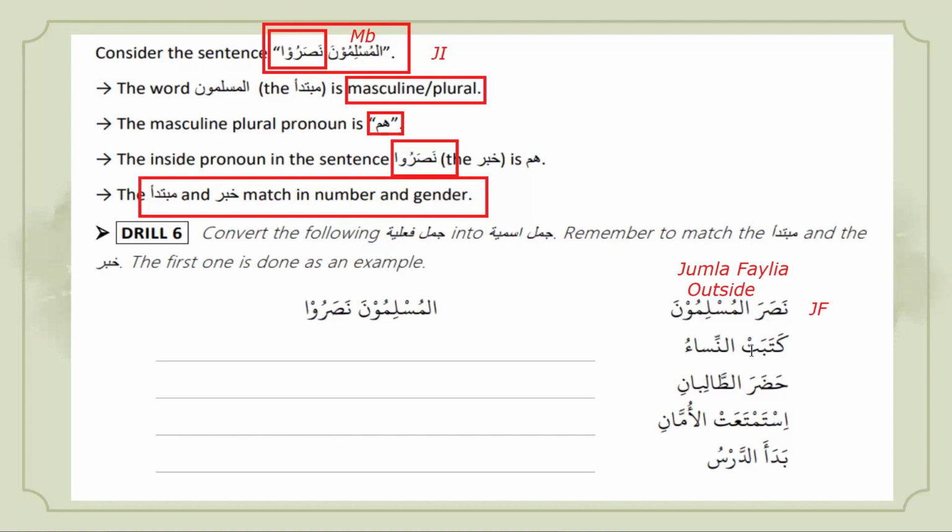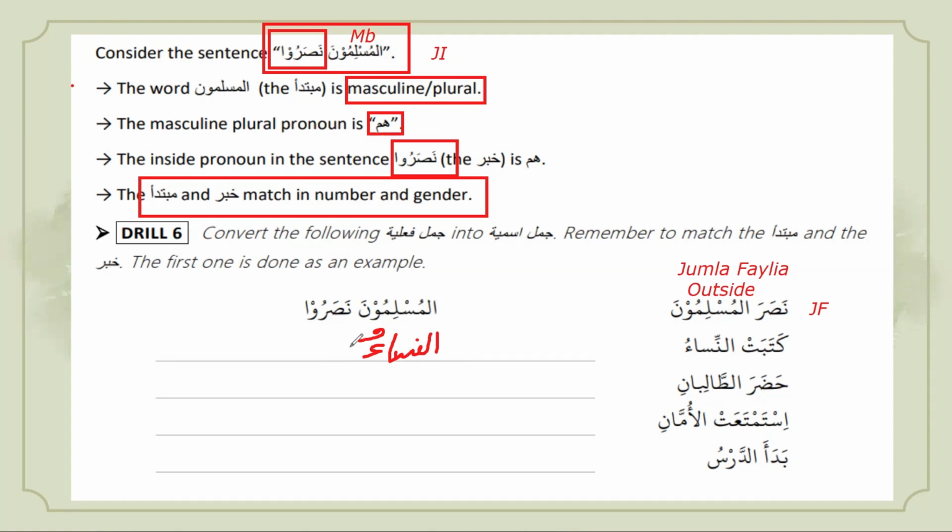So the ladies wrote. But if you are going to make jumla ismiya, then an-nisa'u you are going to use as mubtada. Because the mubtada is feminine plural, you need to use the past tense hunna form, not hiya form.